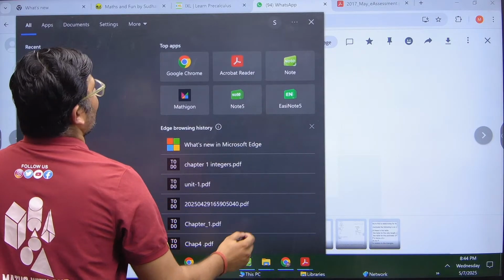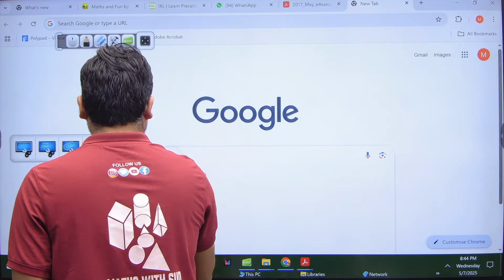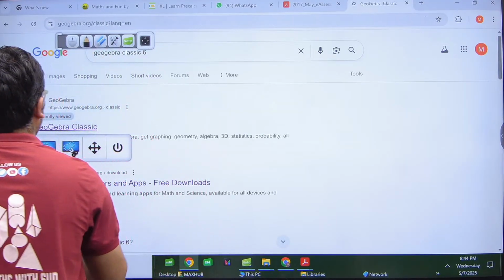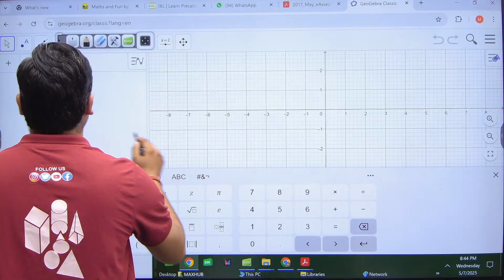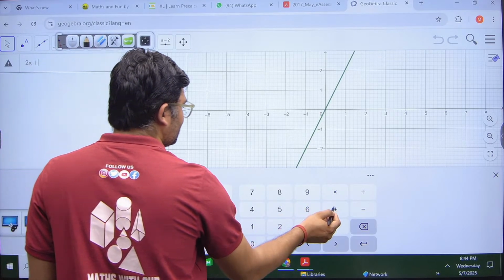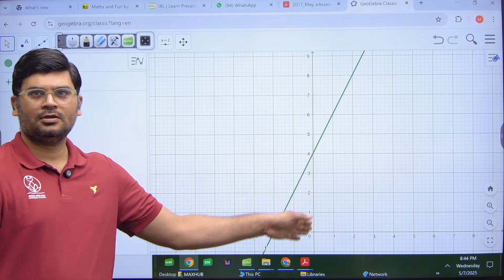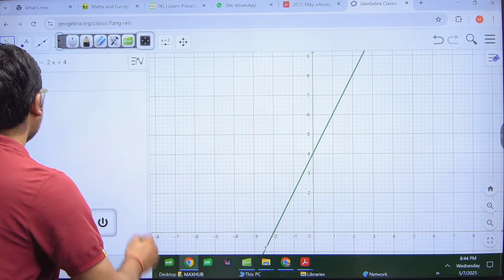Let me show you in the graph as well. So once you understand the concept, it is very easy for you to understand. See this. I am just writing a random equation. So 2x plus 4. So you see 4 is the C. And let me write any other equation.